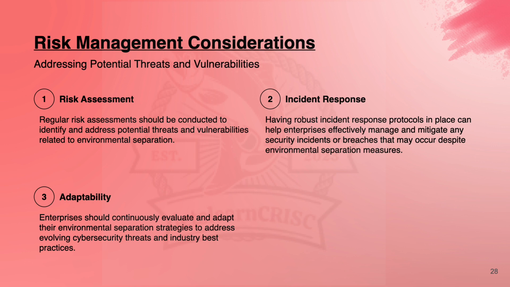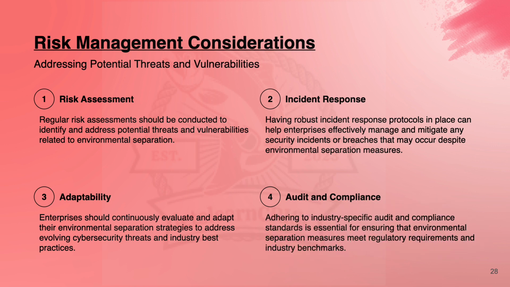Similarly, adaptability in environmental separation strategies addresses evolving cybersecurity risks. And last is audit and compliance. Friends, adhering to industry-specific audit and compliance standards is essential to ensure that the environmental separation measures meet regulatory requirements and industry benchmarks.